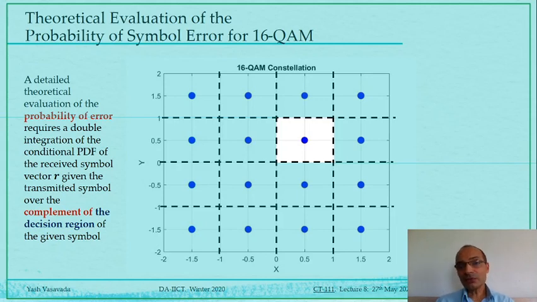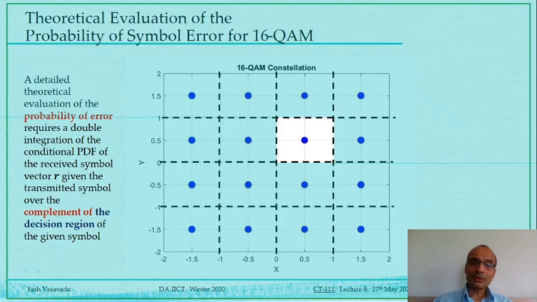Secondly, even if we somehow had a mathematical formulation of two-dimensional Gaussian PDF, this double integration is a nightmare. It may not be that bad for these square decision regions, but the decision regions may not be always square. It may be hexagonal, or it may be some other strange shape, depending on how the constellation points, these blue dots, are arranged.